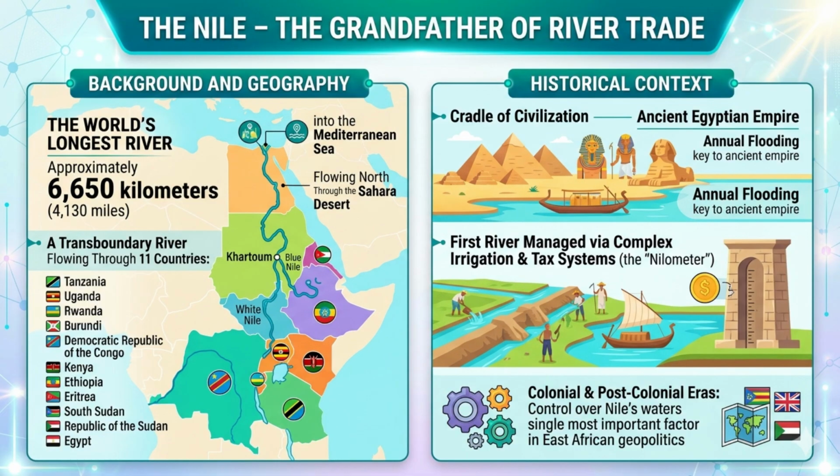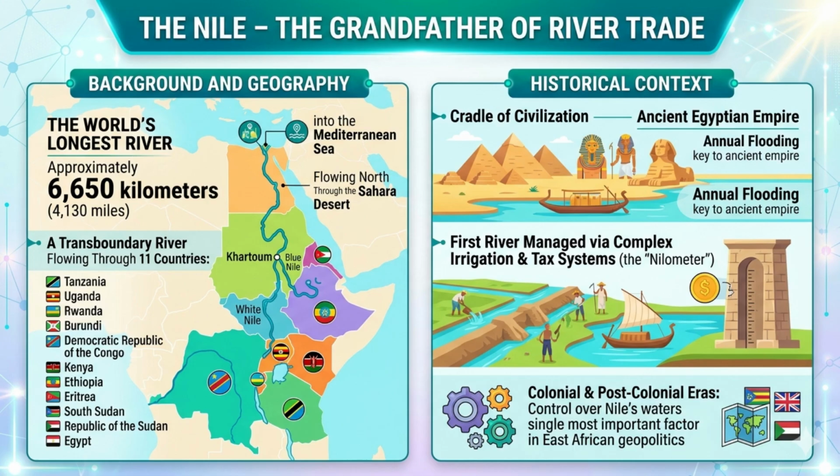In order to showcase the busiest rivers in the world, and also to respect the Nile River for being the world's longest river, I separately produced two slides to introduce it. As you can see, the Nile is the world's longest river, about 6,650 kilometers, ranked number one, longer than the Amazon River.